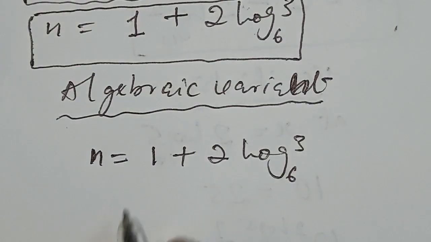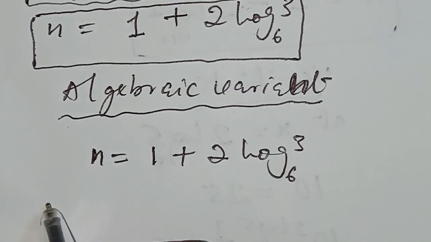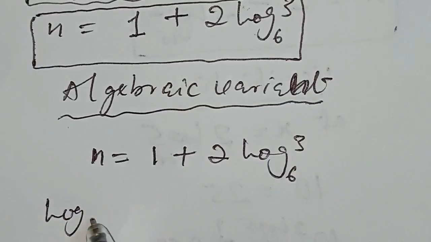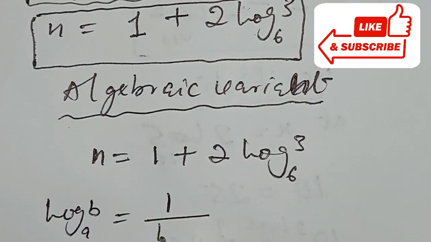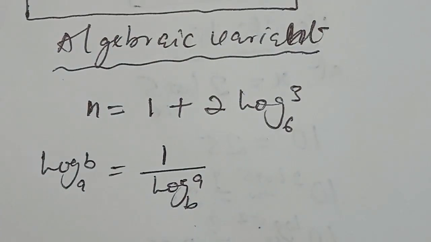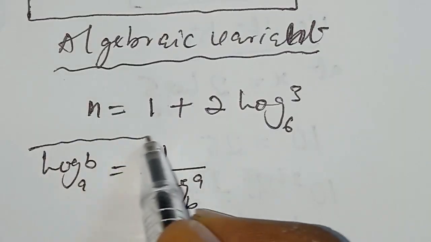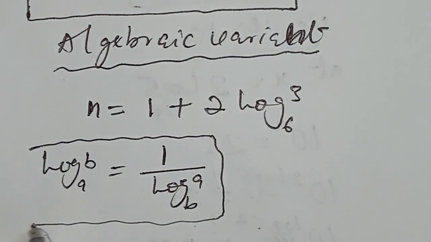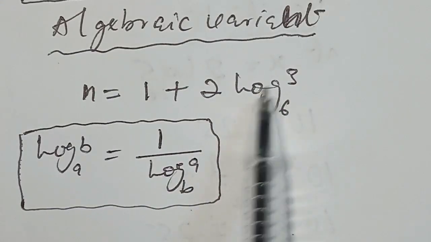So step 1 from this level: using the reciprocal rule of log, if we have log b base a, we can write the reciprocal as 1 over log a base b. So we are going to apply this to this part of the expression.